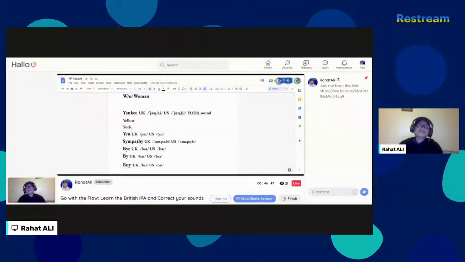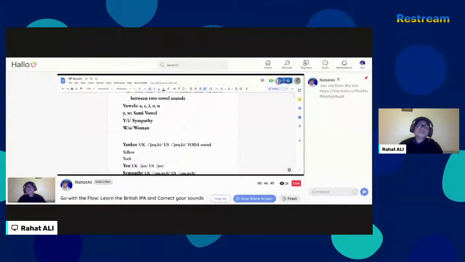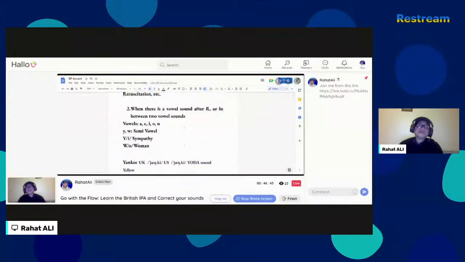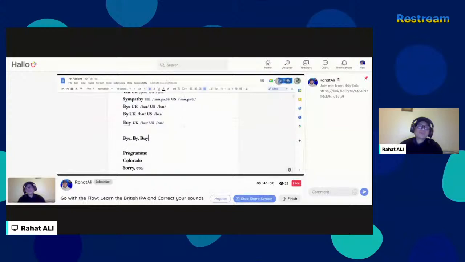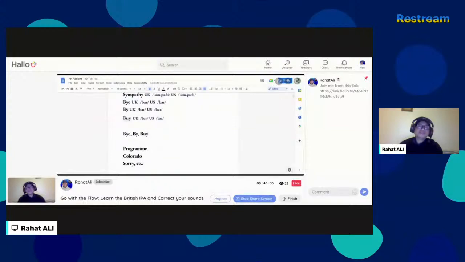All right, now we pronounce R when the R is after a vowel sound or in between two vowel sounds. So for example, program, Colorado. Next rule.